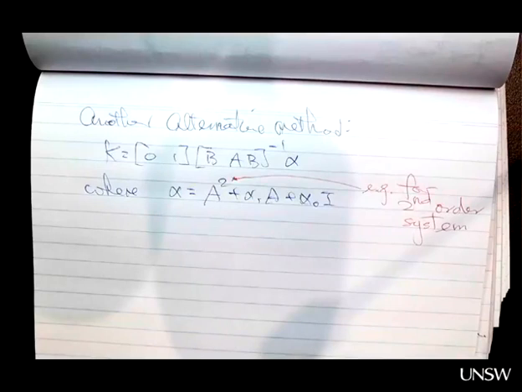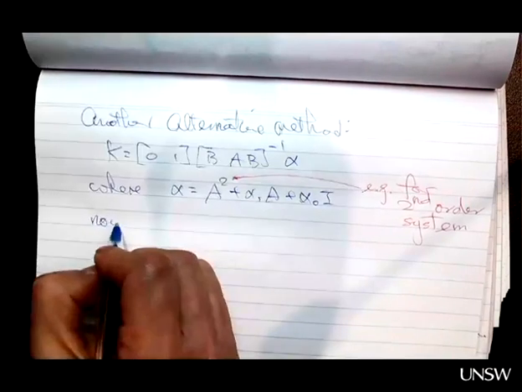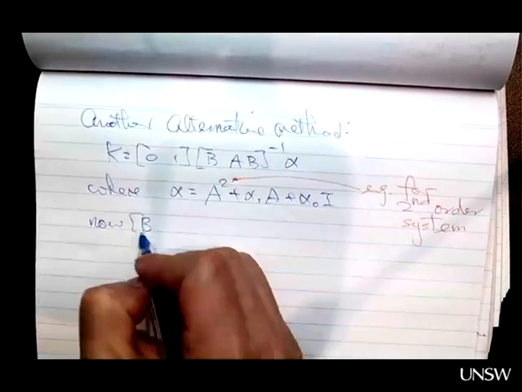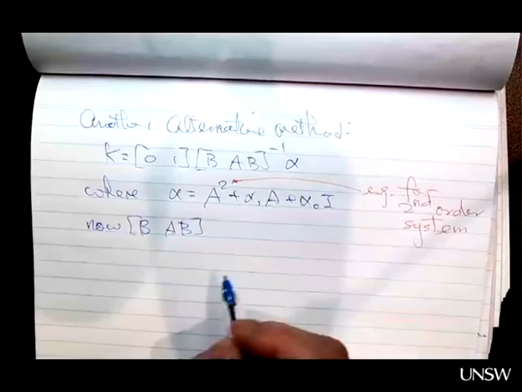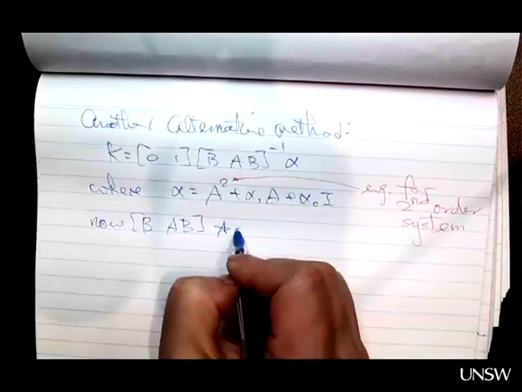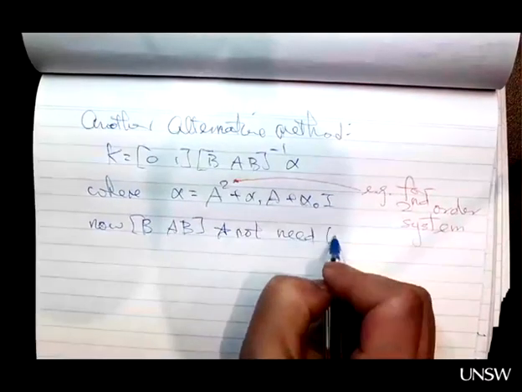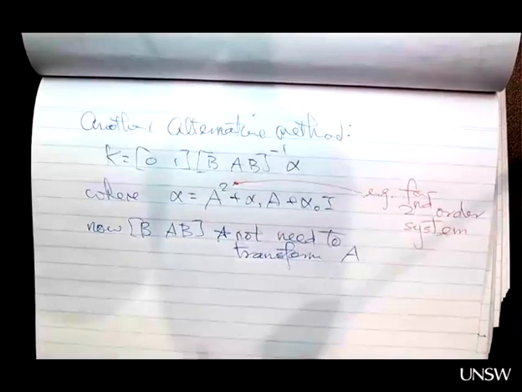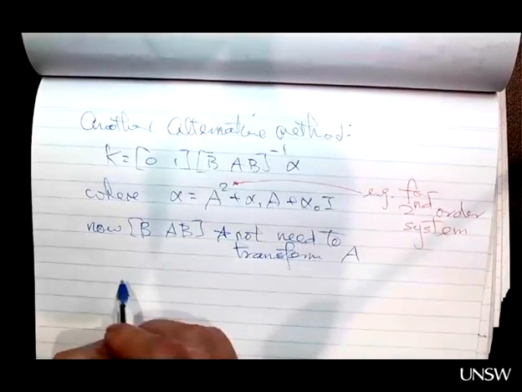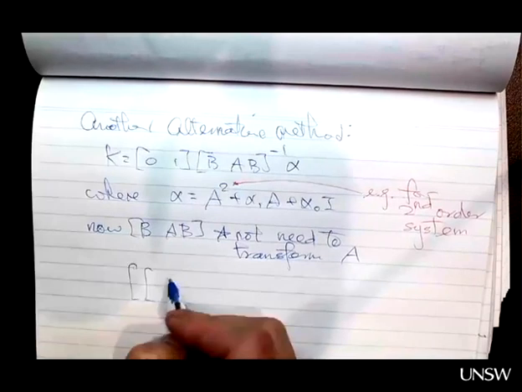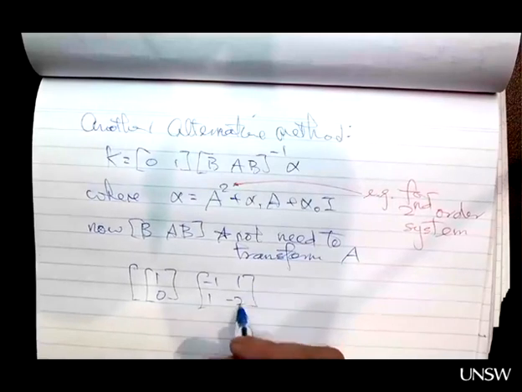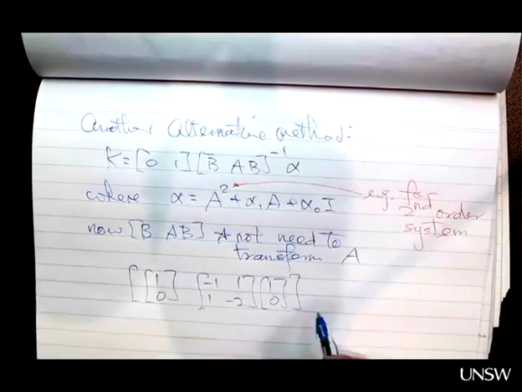Now, for this method, we do not need to transform. We just calculate straightforwardly B and then AB. So here there is no need to transform. So B and AB equals 1, 0, and A is minus 1, 1, 1, minus 2, so this gives 1, minus 1, 0, 1.